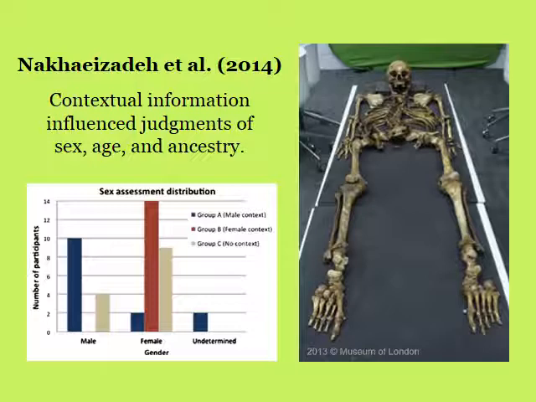Other people were led to believe that the skeleton was a woman, and those people looked at the same skeleton and believed that it was a woman. They found similar effects for age, they found similar effects for ancestry. In other words, whatever people believed they were going to find is what they actually found. They were clearly influenced by their expectations.